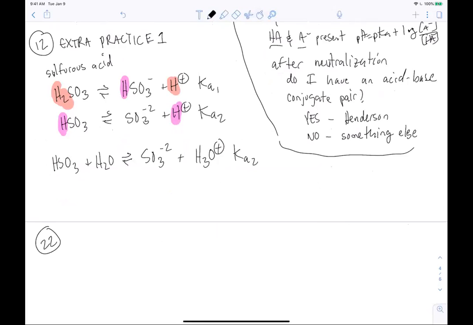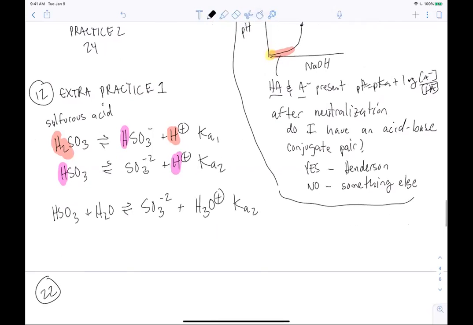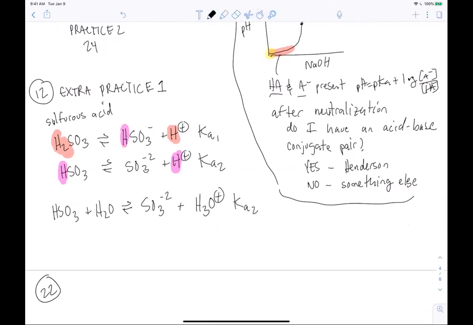Extra practice 1 is the worksheet on Canvas called Acid Base Extra Practice Part 1.